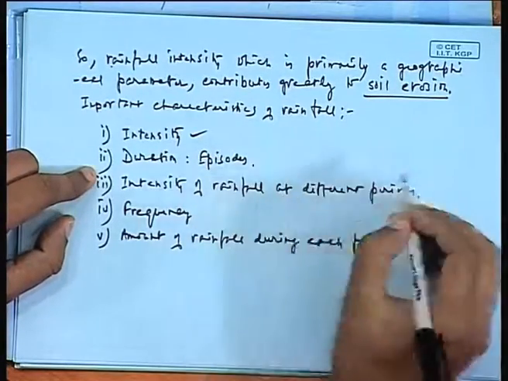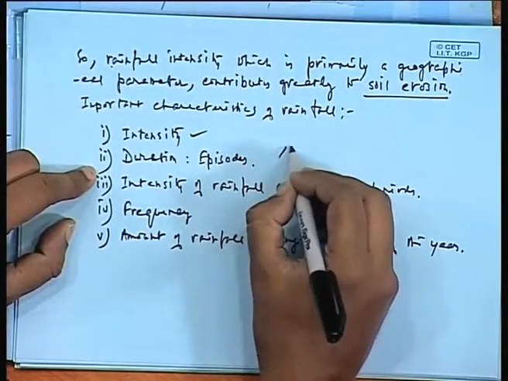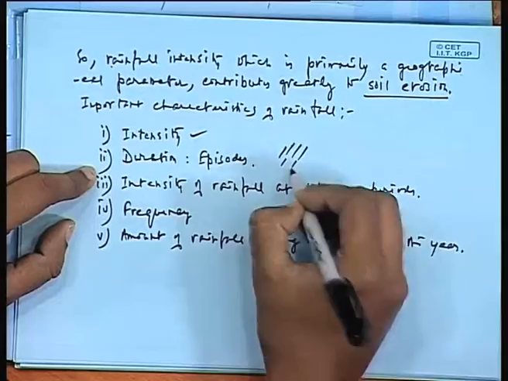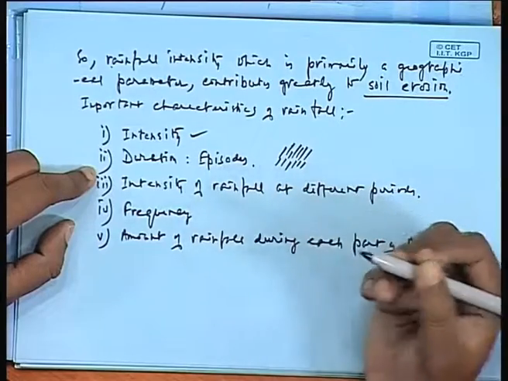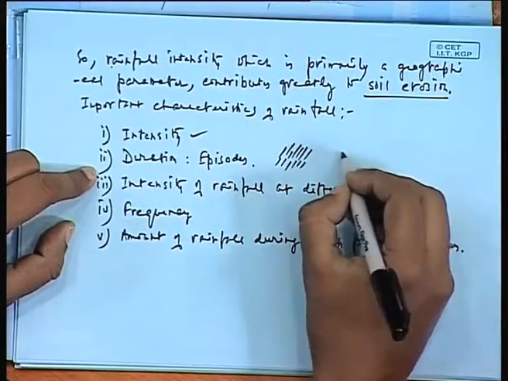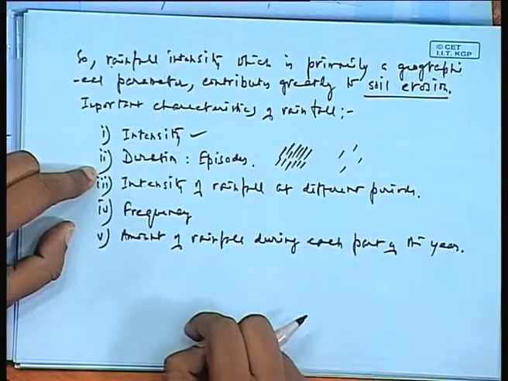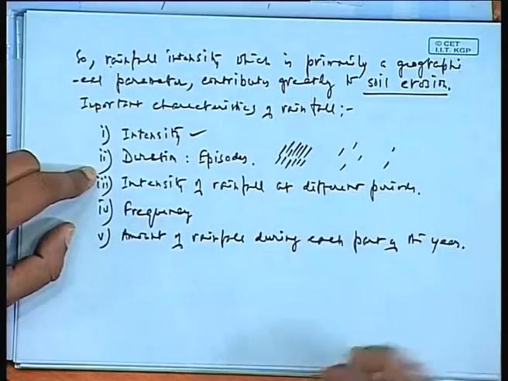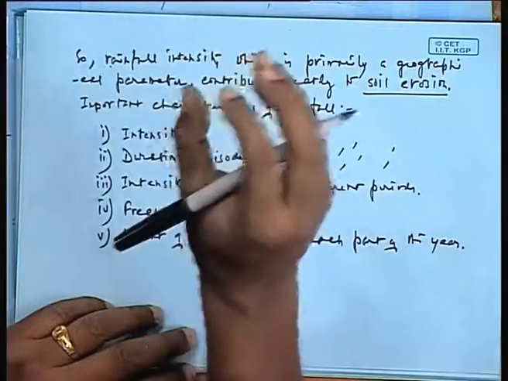The duration is what we call episodes. What we discuss about these episodes is, say, a very highly intensive rainfall, and a very low intensity rainfall may be something like this, even lower may be something like this. So in a rainfall, at different times the rainfall would be like this: high intensity, low intensity, higher intensity, very critical intensity.